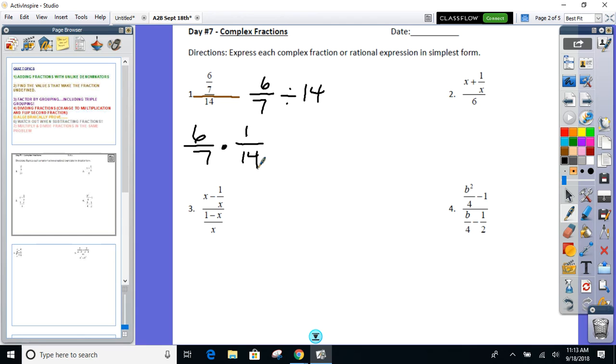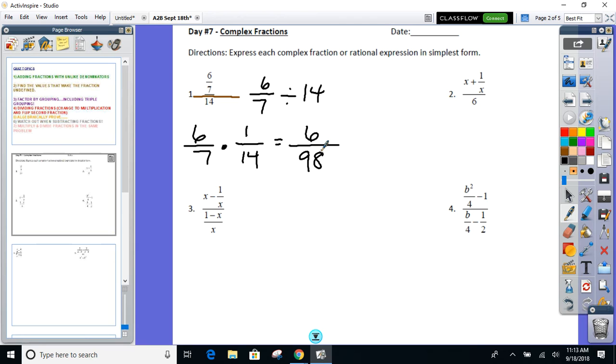And then from here, if you want to cross out what you think you can cross out, this is just a basic one here, no variables. I would just multiply across. So 6 times 1. And then 7 times 14, 98 maybe? I think, pretty sure. You guys know tomorrow or Thursday, if you need to simplify numbers on your calculator, you can do so.